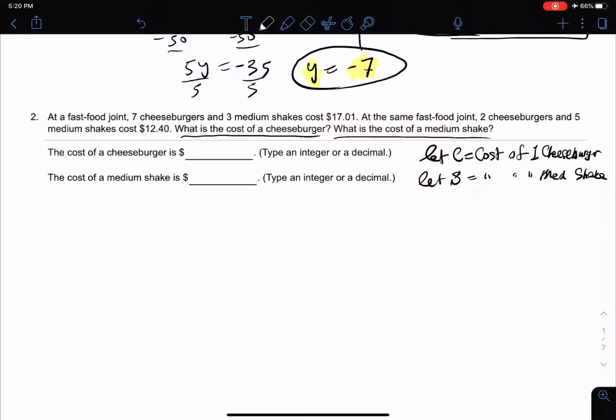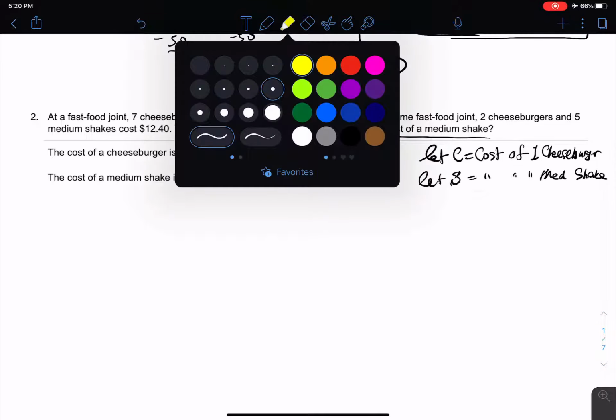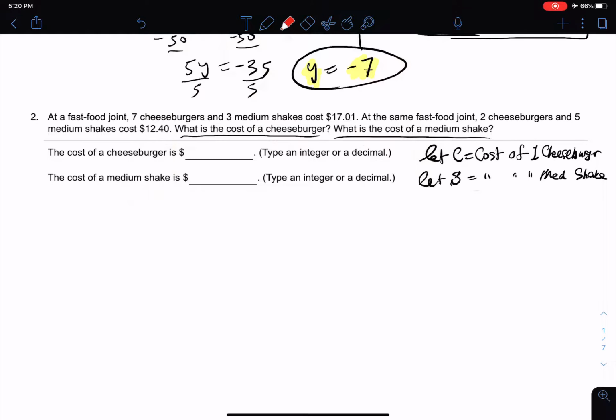Now, what we have here, let me use some color. Here's our first situation, 7 cheeseburgers, 3 medium shakes cost this. So really, we can write an equation for the cost of this, right? And we would say the cost of this first situation in red was $17.01.